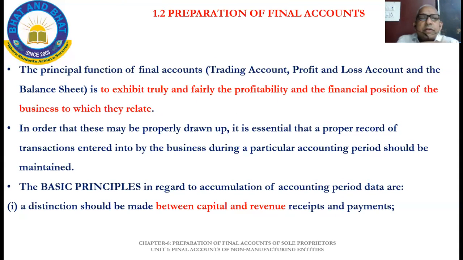See, the principal function of final accounts, that is trading, profit and loss account and balance sheet, is to exhibit truly and fairly the profitability and financial position of the business to which they relate. The meaning is that generally, once in a year, these accounts are closed.